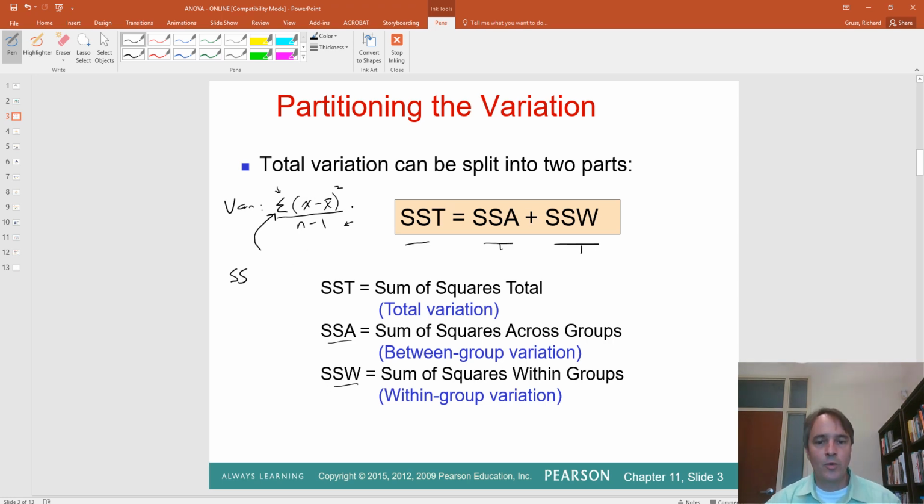Okay, so we are going to figure out what the sum of squares across is, so this part for the differences across each grouping, and the sum of squares within the grouping. Our goal is to find these and then to compare their magnitudes.